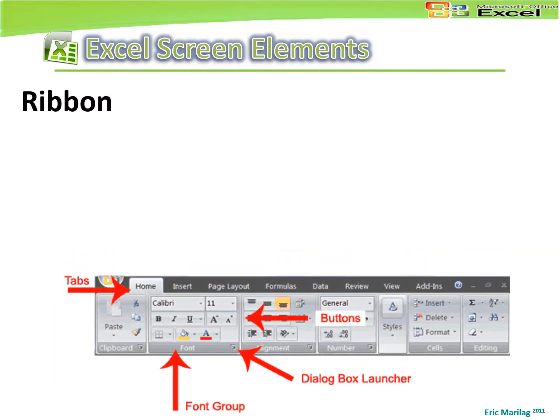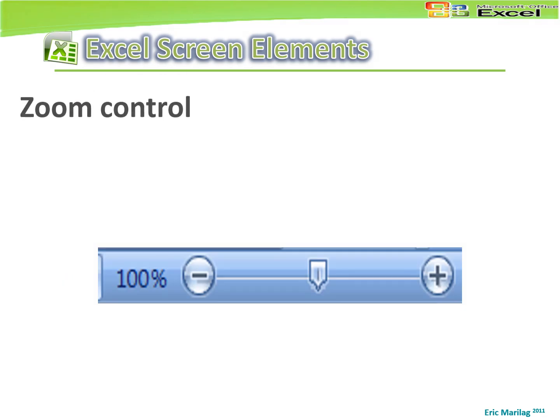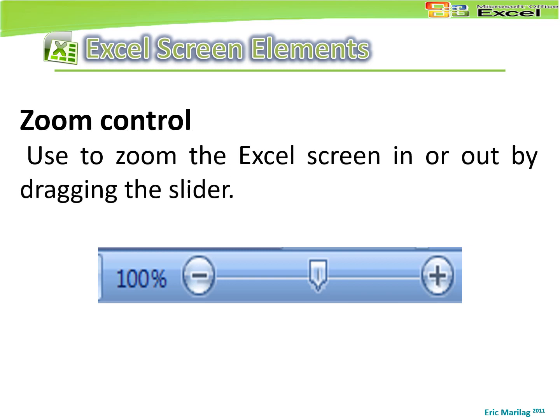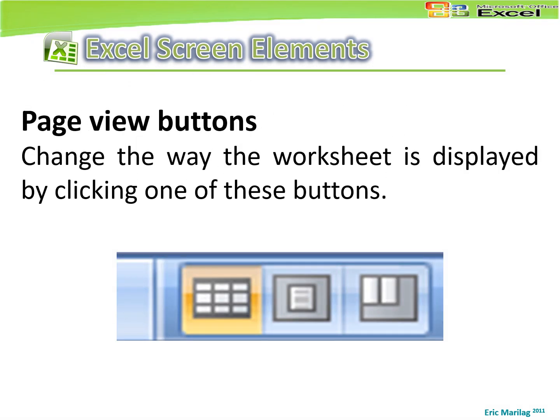And of course, we have the ribbon. And we have your zoom control, and that is understandable and explainable. And we have the page view buttons in Excel also, but with here we can change, all right, the displayed view of your worksheet.